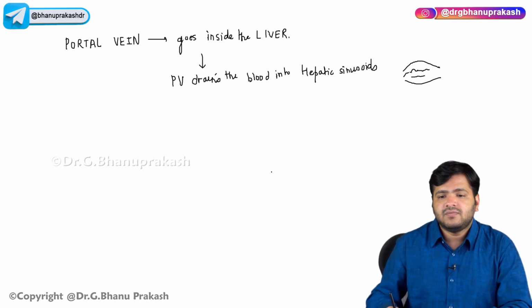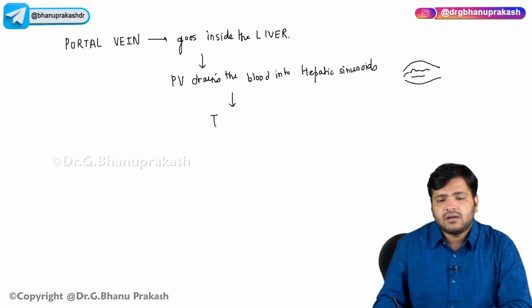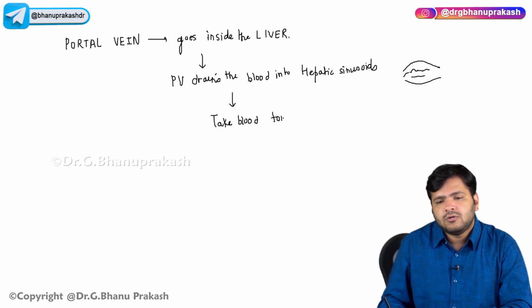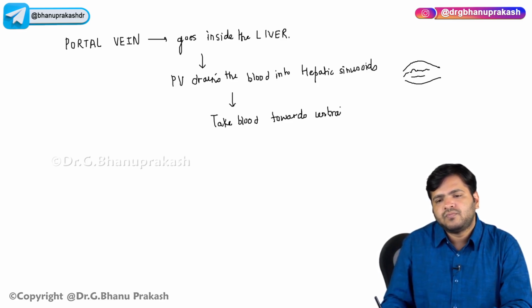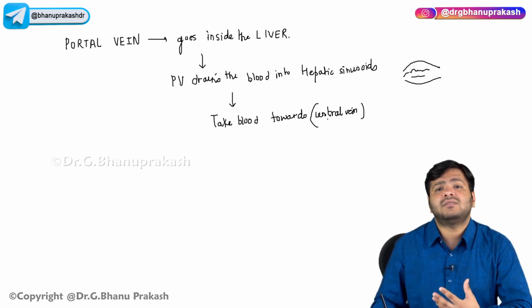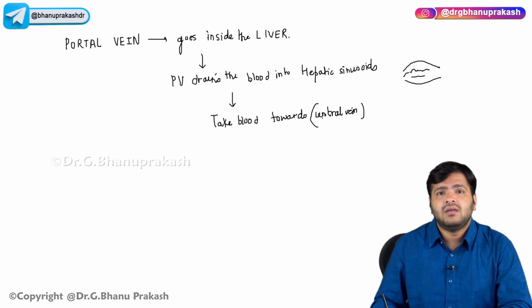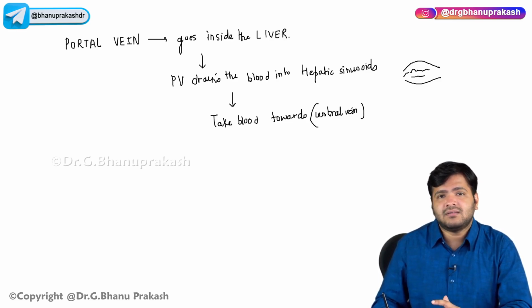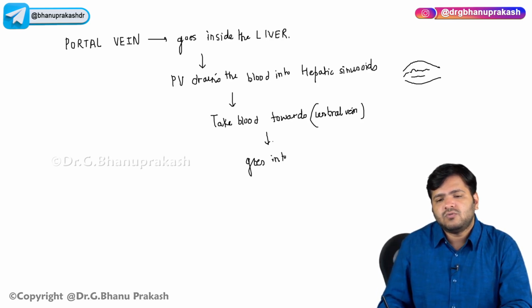Basically from there these sinusoids will take the blood towards the central vein. Okay, why central vein? Because it is present in the center. So blood is collected from the central vein and it goes into the hepatic veins.